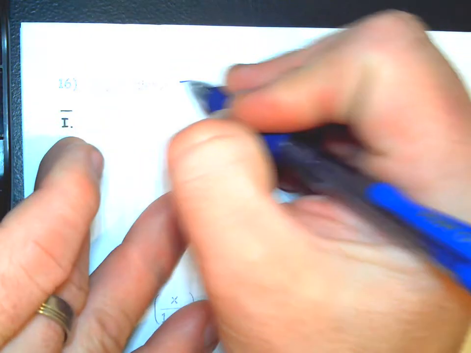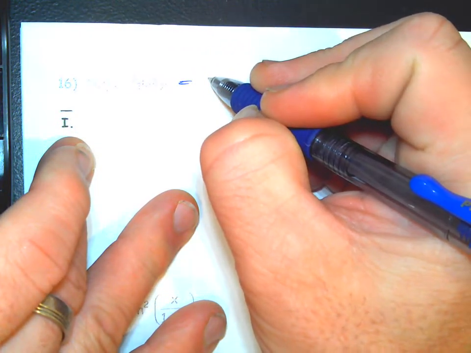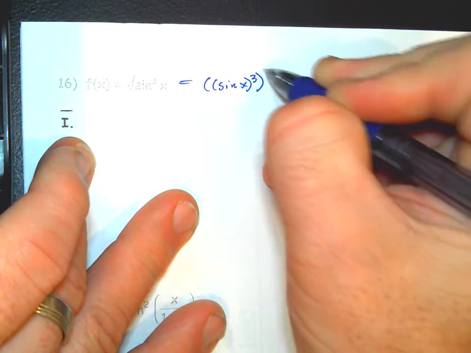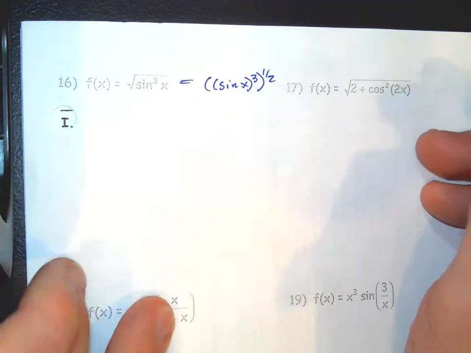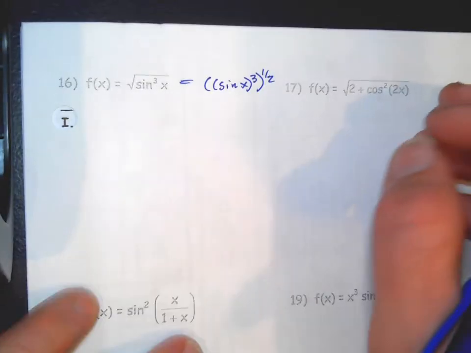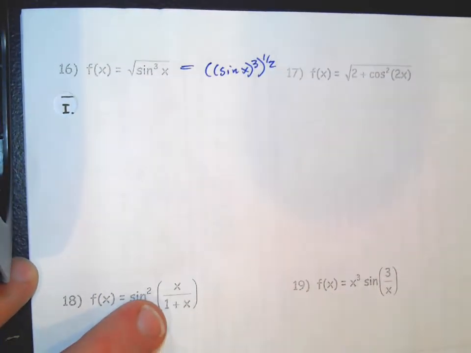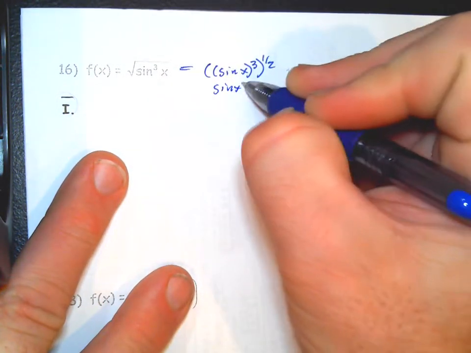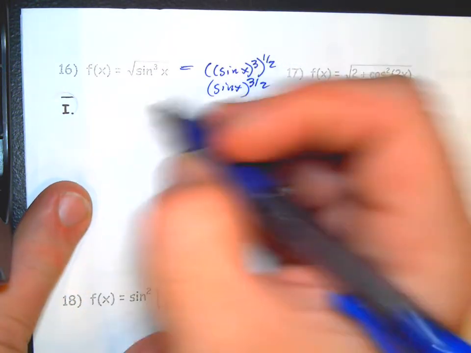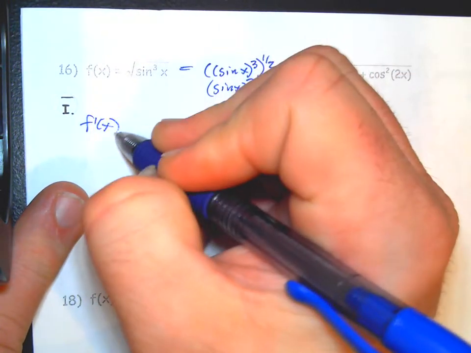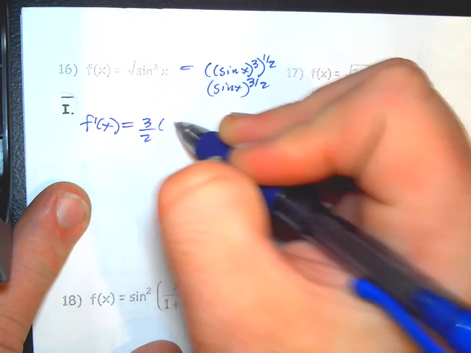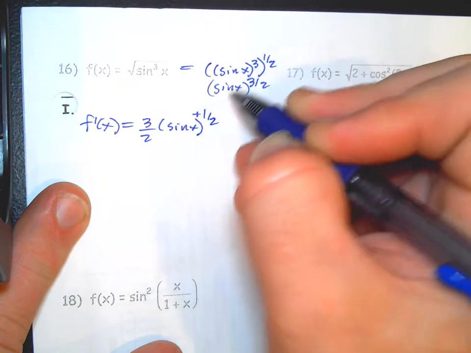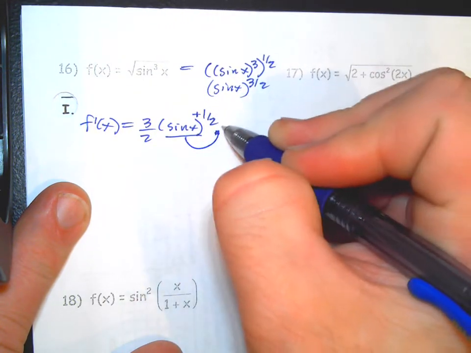So I would rewrite this as sine x to the 3rd power to the 1/2 power. Now you could combine these together and call it sine x to the 3/2. So then the derivative is power rule first, 3/2 in front, leave the inside the same, decrease it by 1, times the derivative of what's inside.